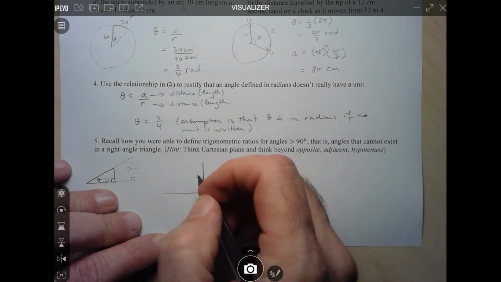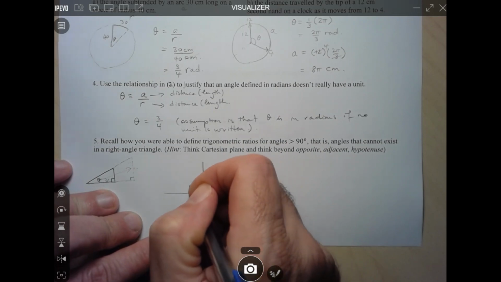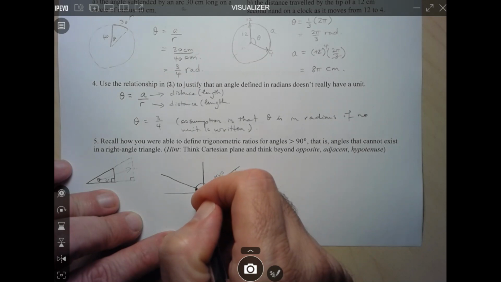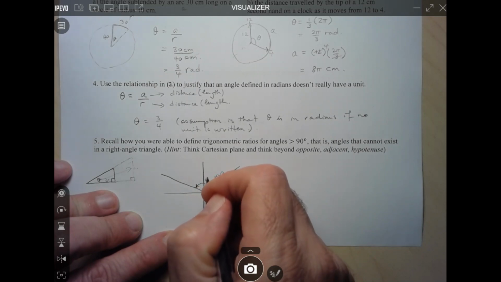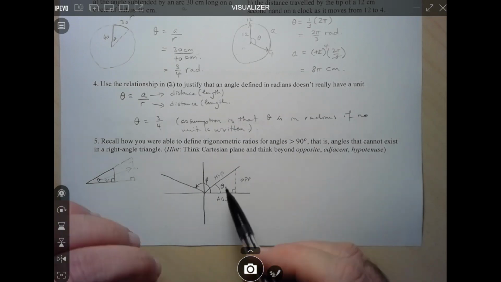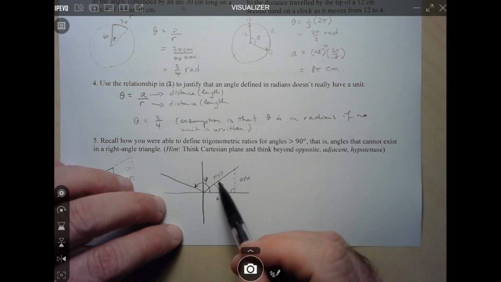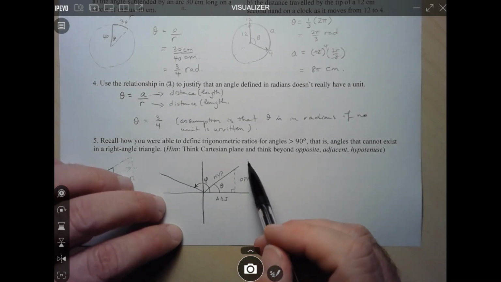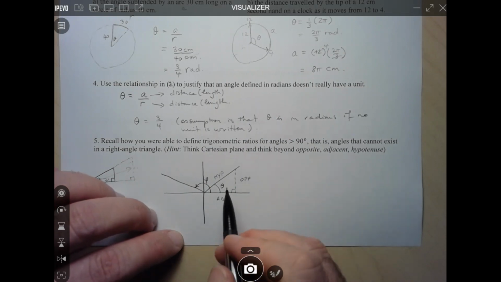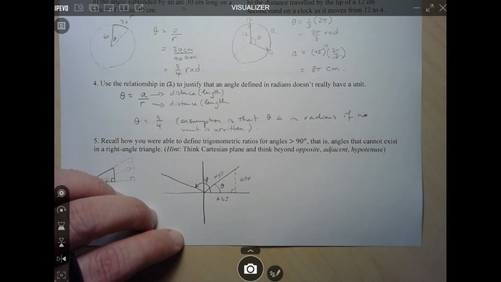Okay, but what happens if we're now, say, in the second quadrant, and this is the angle that I'm interested in? All of a sudden this angle cannot live inside a right angle triangle. So we're going to reimagine how we can define the trig ratios for an acute angle.